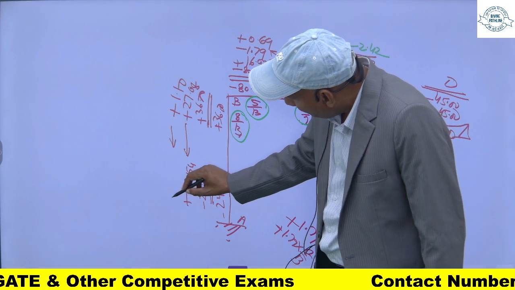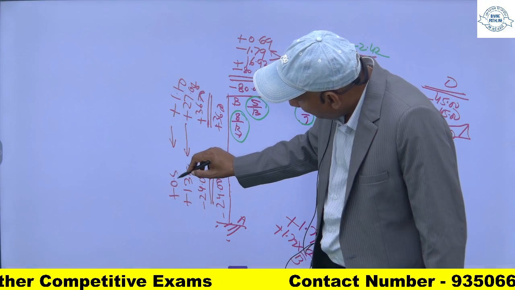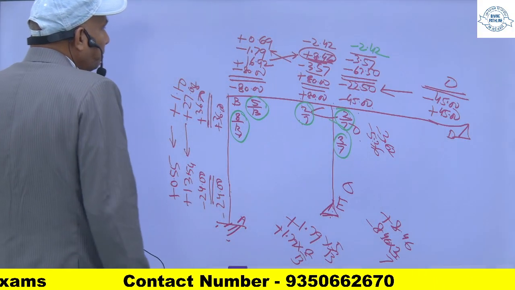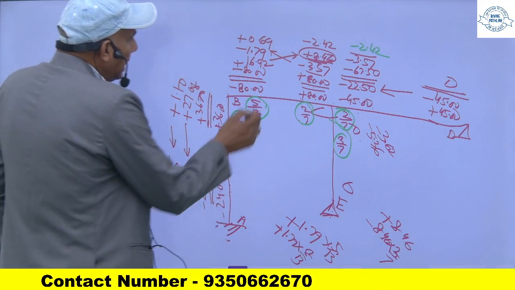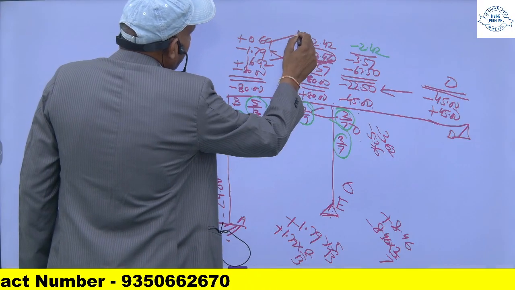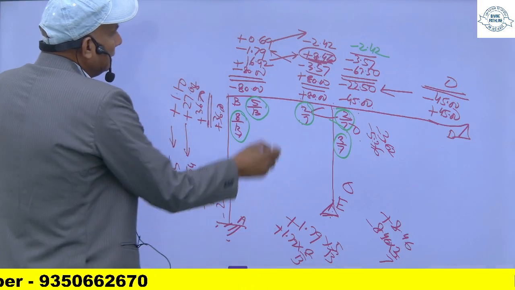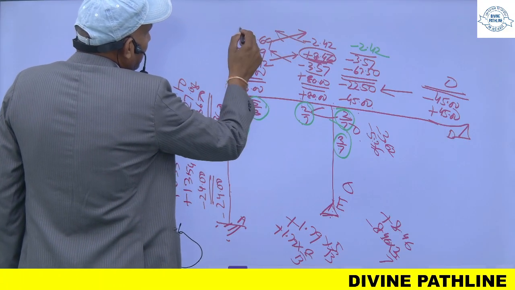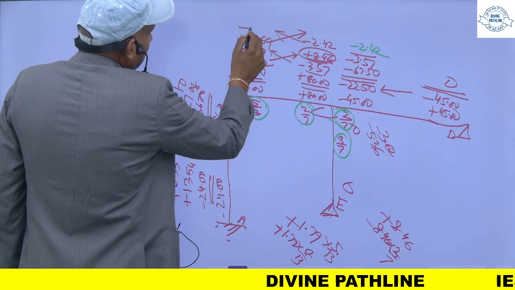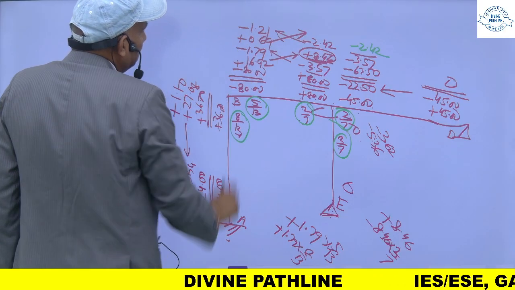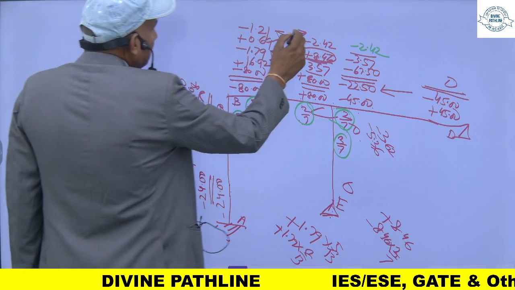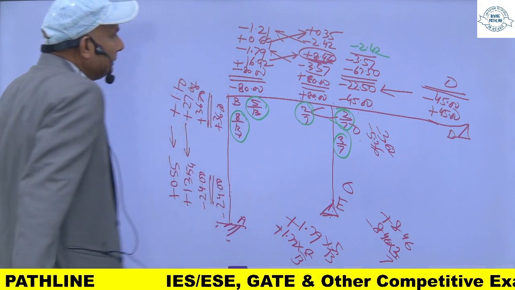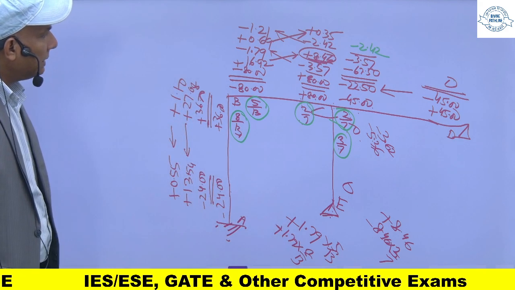So it will be 0.55, and half of this moment will come here, and half of this moment will come here. So it will be minus 1.21, and approximately 0.35 will come here.